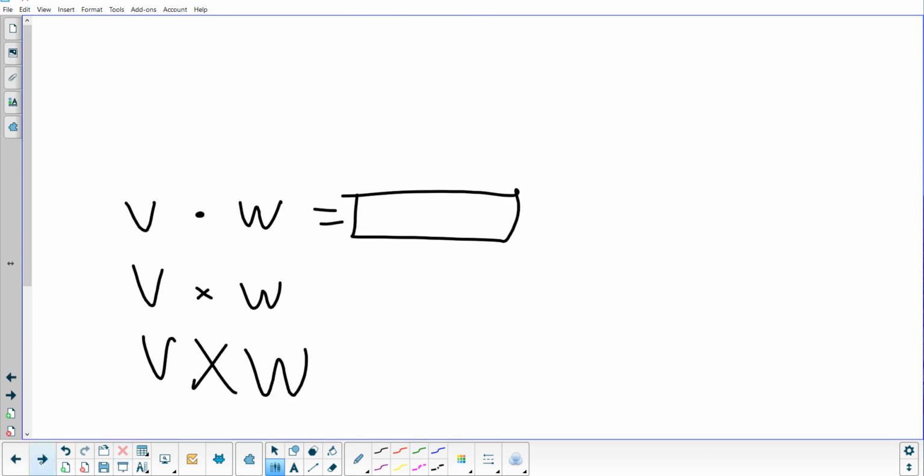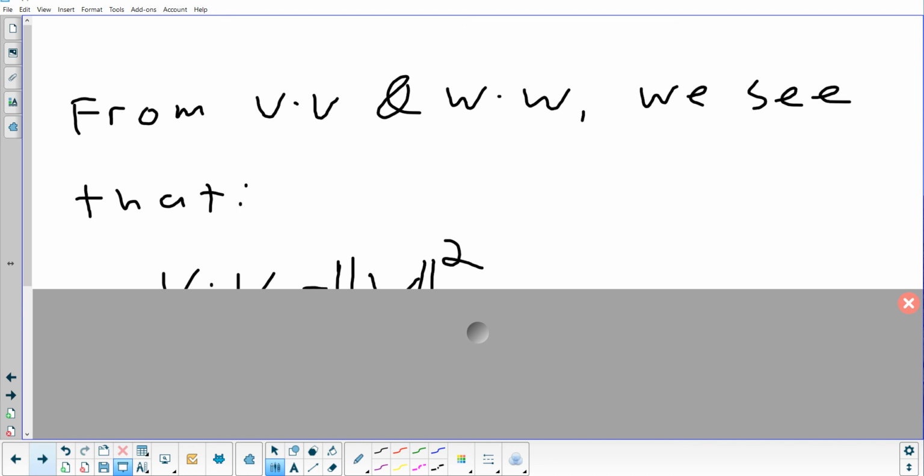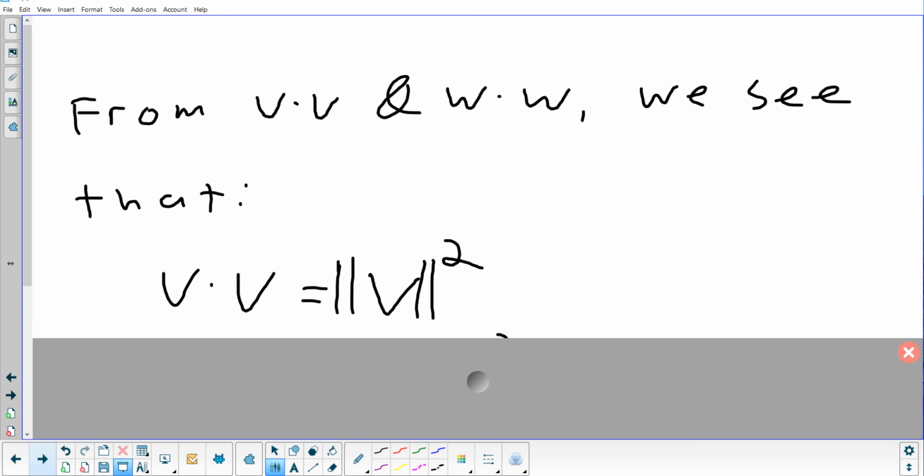So what does that mean? Well, that means that if you dot a vector with itself, you don't get the magnitude of it because you didn't take the square root. What you get is the magnitude squared. So anytime you dot a vector with itself, you're getting the magnitude squared.